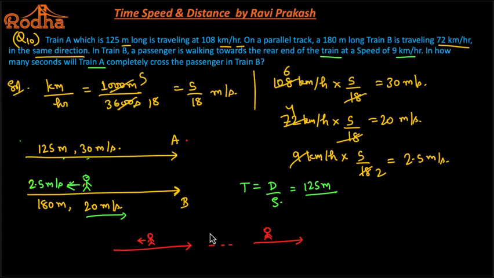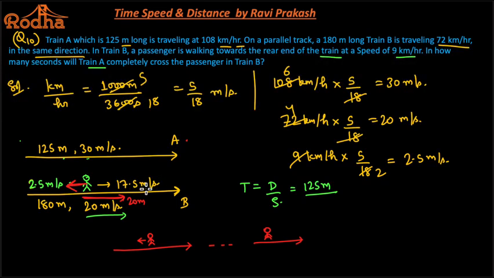But because he is going against the motion of the train, in 1 second the person goes 2.5 meter towards the left side, and in the same 1 second the train pushes him 20 meter to the right side. So effectively the person is moving this side at the speed of 17.5 meter per second.